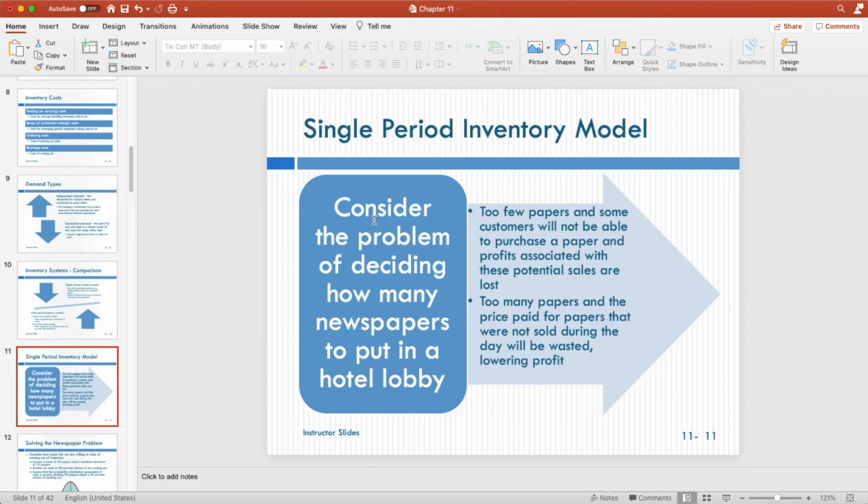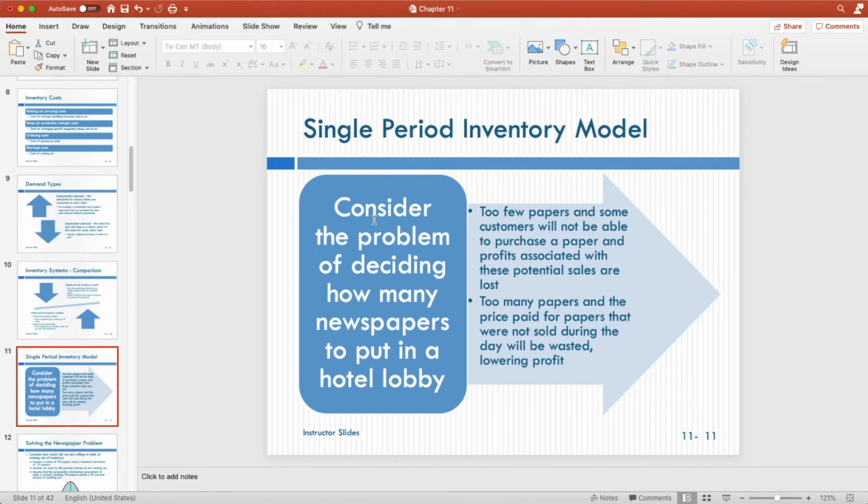You don't know that. The real number will only show at the end of today. Let's say you buy 20 newspapers, but in the end, 18 of them are sold.